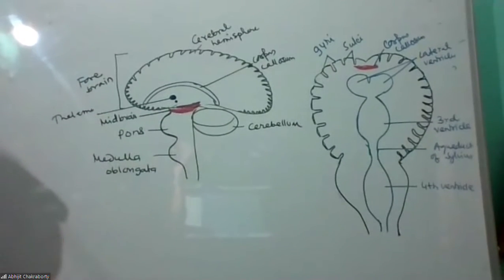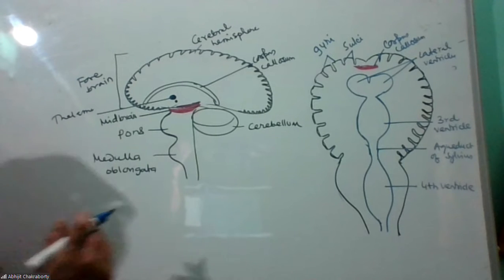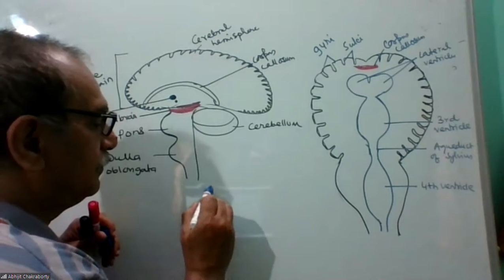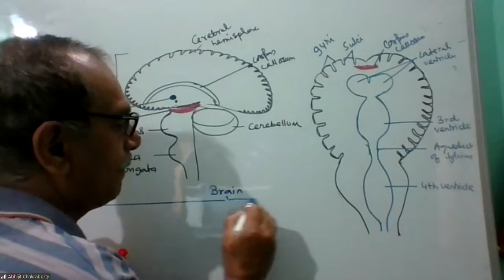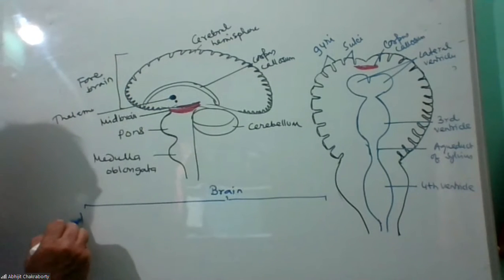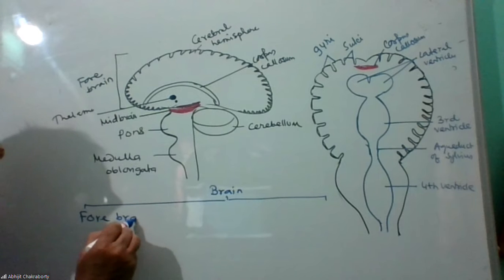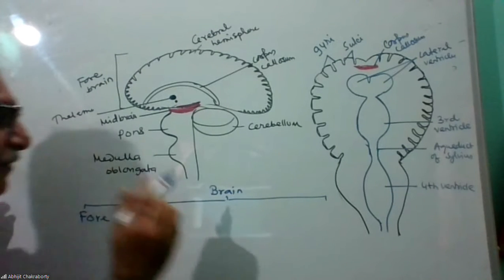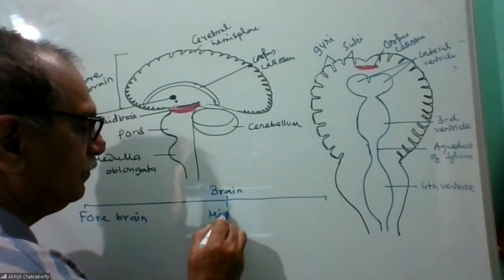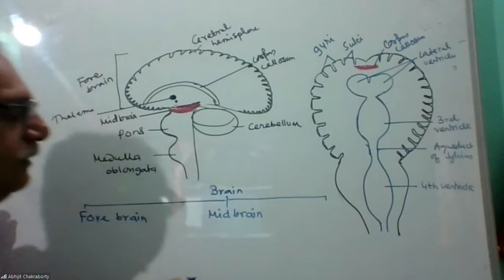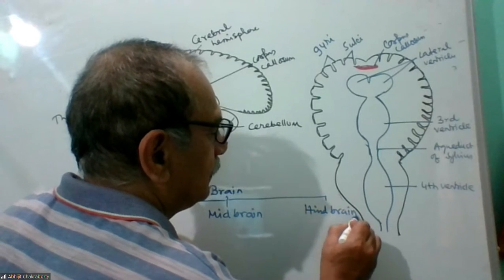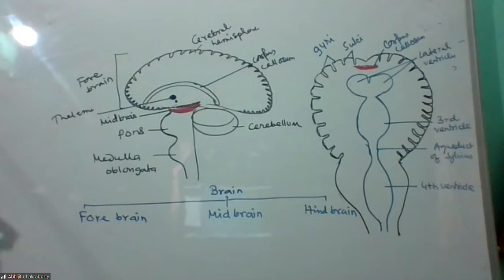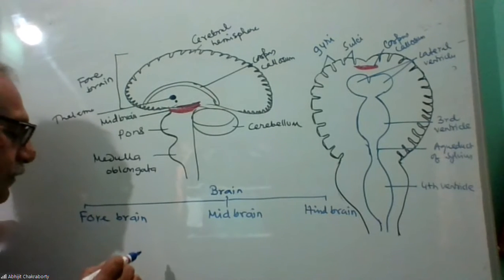Now, first of all, we need to classify the brain. What is found in the brain? Forebrain, midbrain, hindbrain.